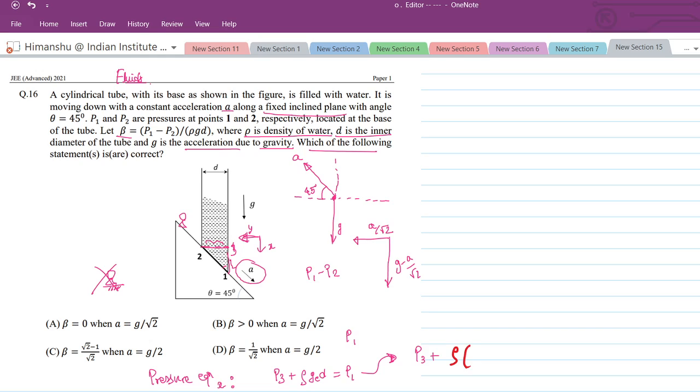What will be the g effective? g minus a over root 2, equals to p3.